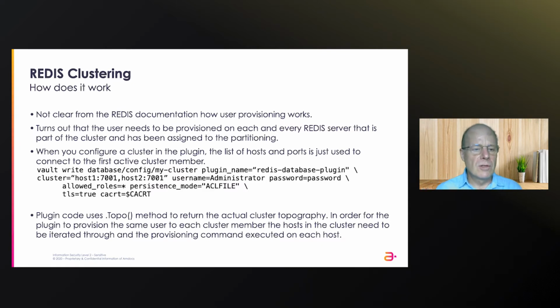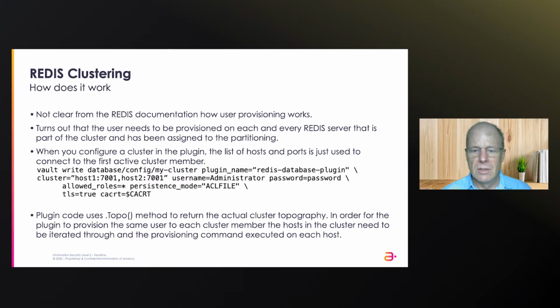So I started working on the standalone server first, and it was fairly simple to work out how to access it, and how to set the user account and password and to provision roles and so on. And the Redis documentation, looking at it, wasn't really clear how things changed when you moved from standalone to cluster.